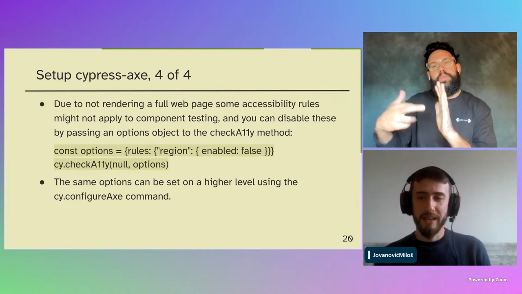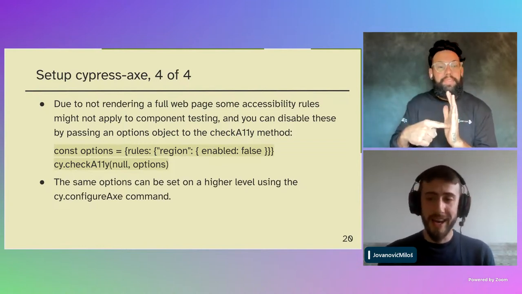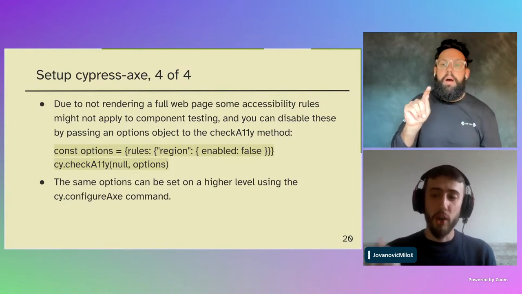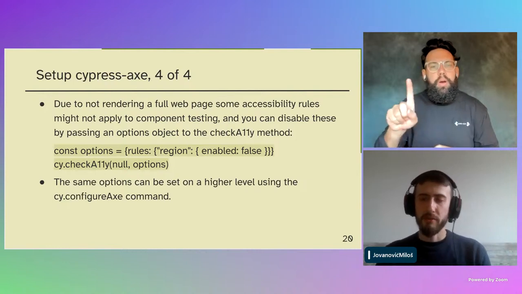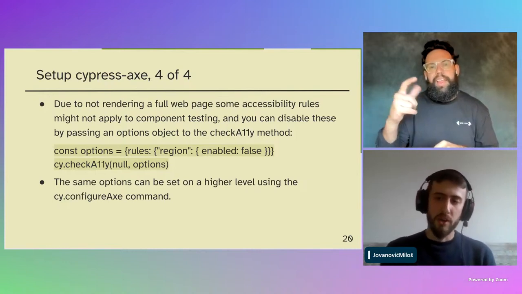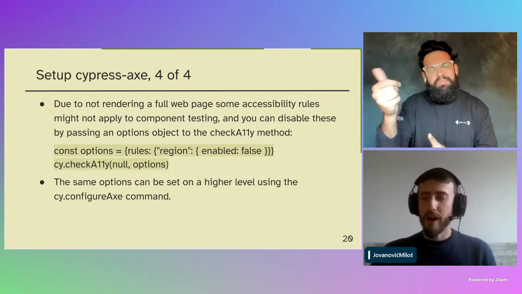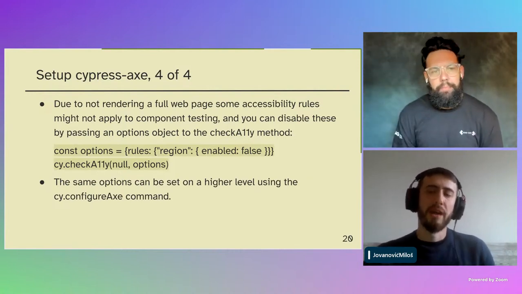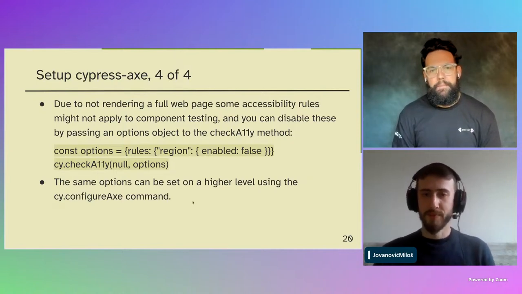For example, when you render a button, it will alert you that it doesn't have an H1 heading. But those options that are not relevant with our use cases can be turned off either at the moment of calling the check accessibility function or at the global level in one of those Cypress under the hood files.